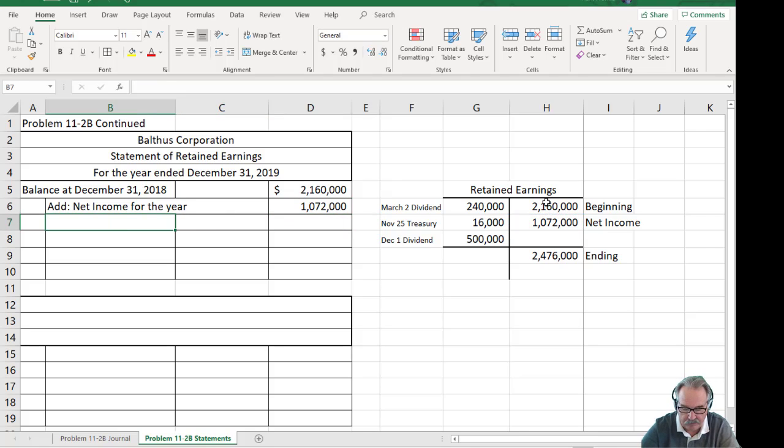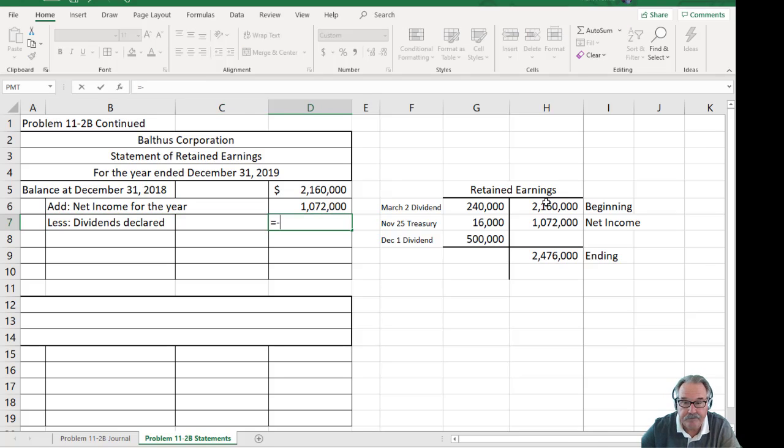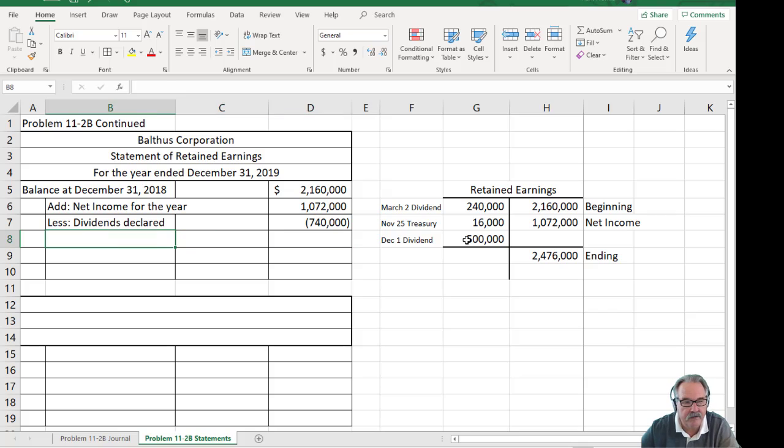Then we have less dividends declared, and that is going to be the 240 and the 500. They're going to show up as negative though, because dividends make equity go down. And then we have less treasury stock loss.